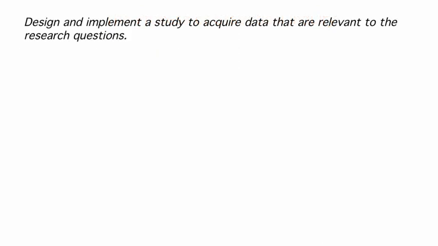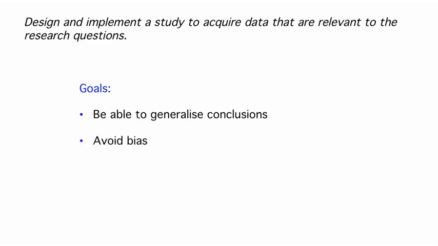By carefully designing a study, we hope to create a situation in which we can make the strongest conclusions possible that will help us understand our research questions. Careful design means that we will be able to generalize our conclusions to a population of interest. It means we'll avoid any systematic error or bias in our measurements or conclusions.